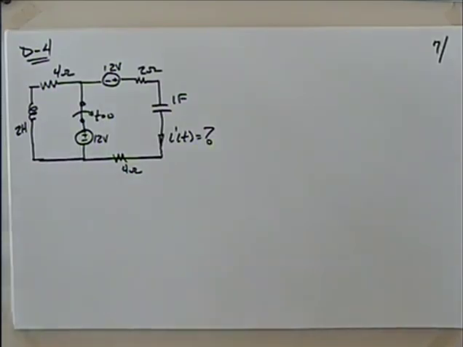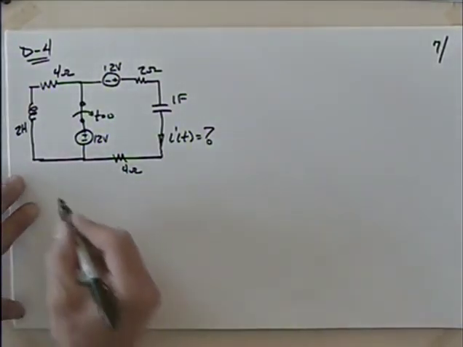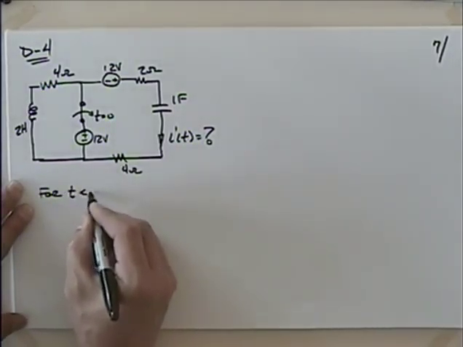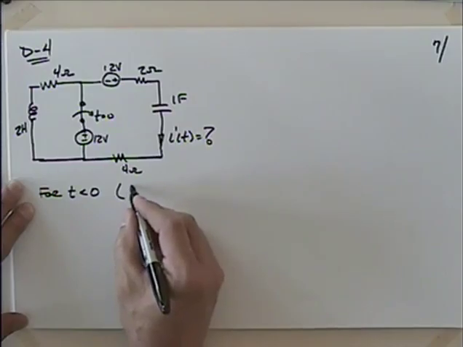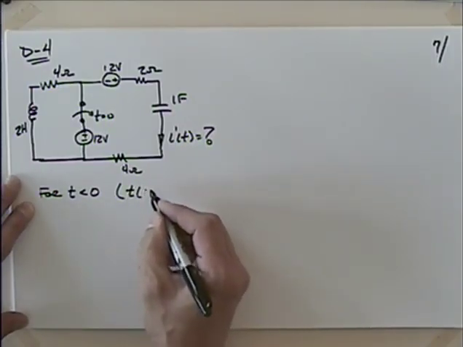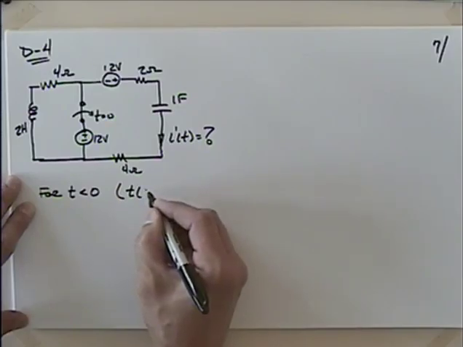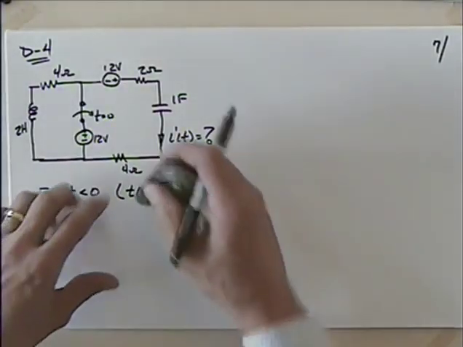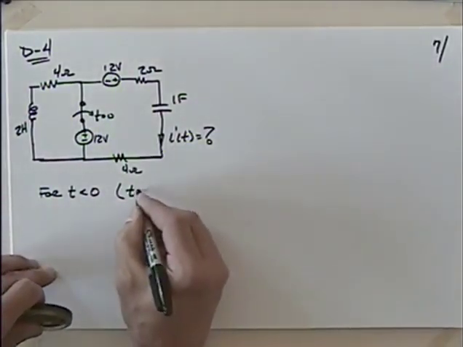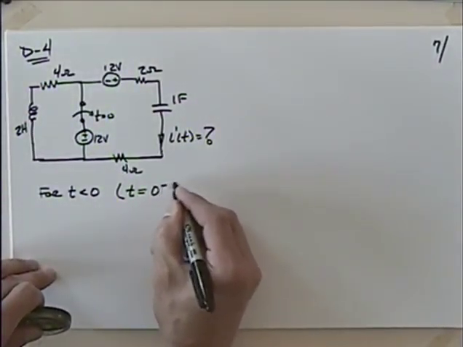The first thing that we're going to have to do on this is look at those initial conditions. So we'll say for t less than 0, or maybe you would write it as time is equal to 0 minus.